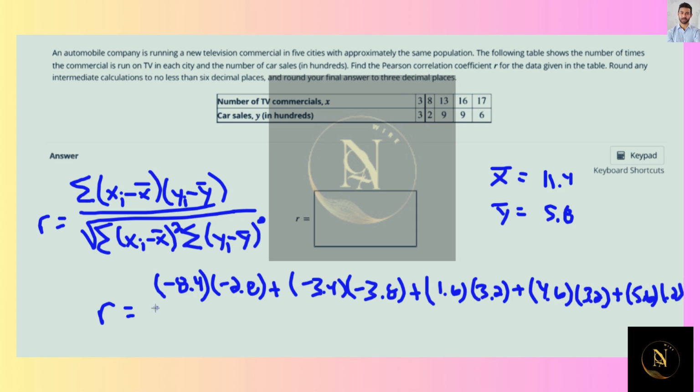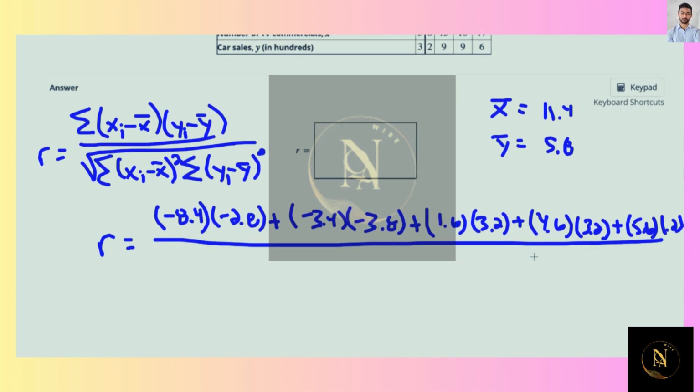All right. And then in the denominator, we'd have the sum of the squares of, let me get a subtotal here, just so that this isn't getting too crazy.